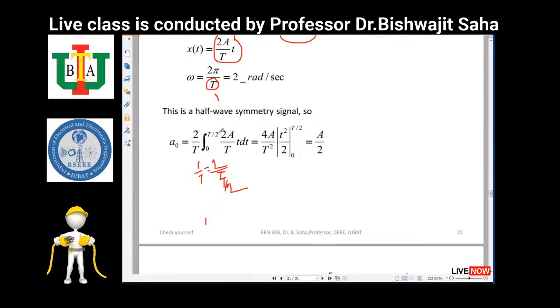So 0 to T by 2, 2A by T, t dt. After doing this integration, we have found A by 2. A by 2 is the what? DC value. A by 2 is the DC value of the triangular wave shape signal.